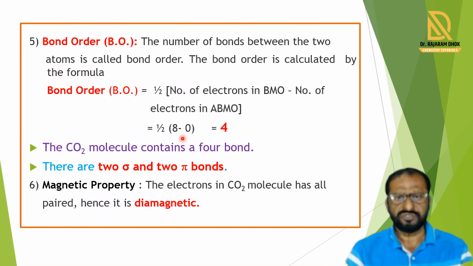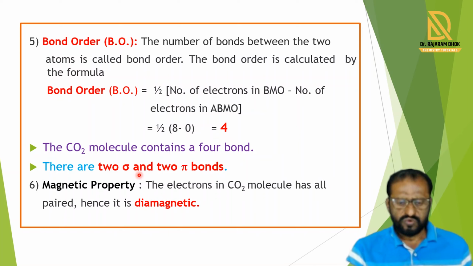So 8 minus 0 divided by 2. So we get the value 4. So CO2 molecule contains 4 bonds. Out of these 4 bonds, 2 are sigma bonds and 2 are pi bonds. So carbon double bond oxygen, and on the other side also carbon double bond oxygen. In this way, each carbon oxygen contains 1 sigma bond and 1 pi bond, so 2 sigma bonds and 2 pi bonds in all.